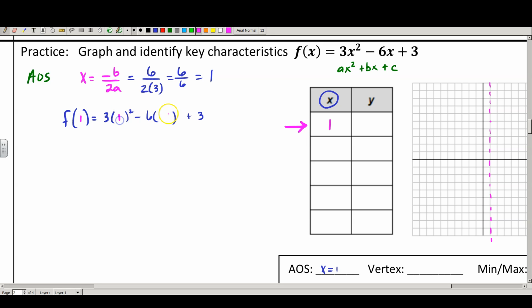So if I plug in 1, go through here and evaluate. So this would be 3, 1 squared is 1, minus 6 plus 3. So we really have 3 minus 6 plus 3, which in this case is going to give us 0.